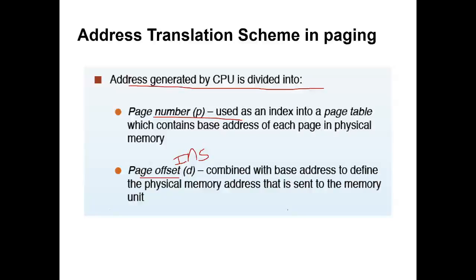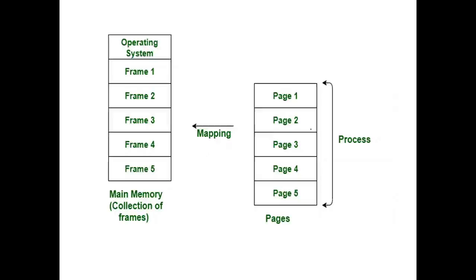Now suppose you can see here, this is the secondary memory where all pages are stored, and suppose this page is of process P1 and this page is of process P2. Similarly, these pages belong to process P3.